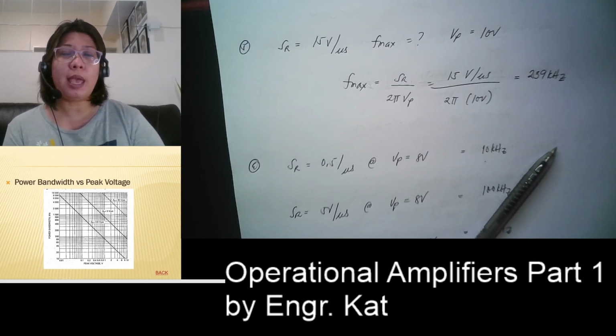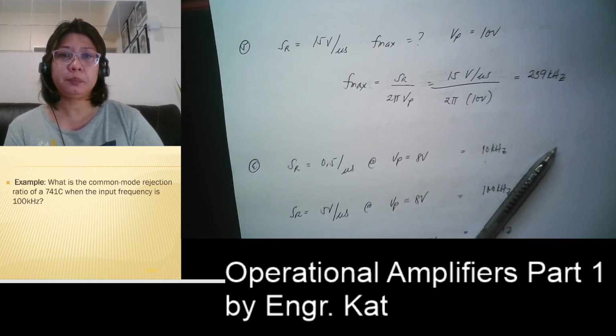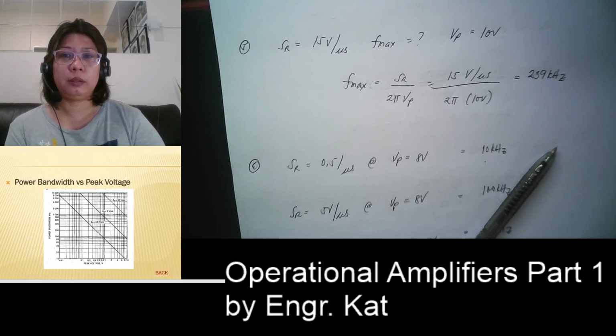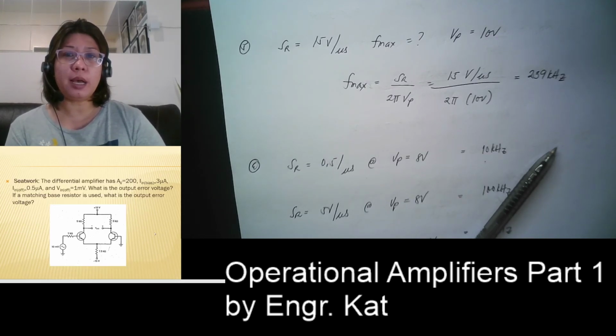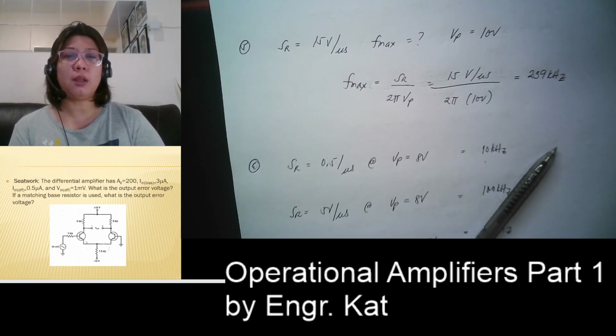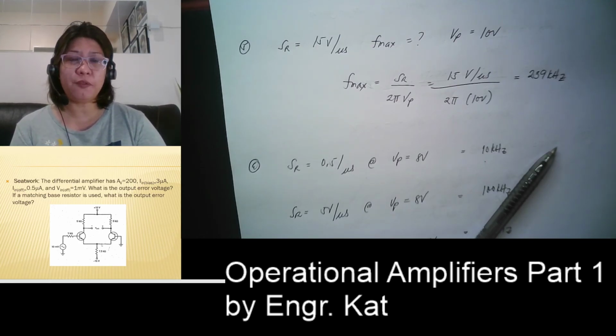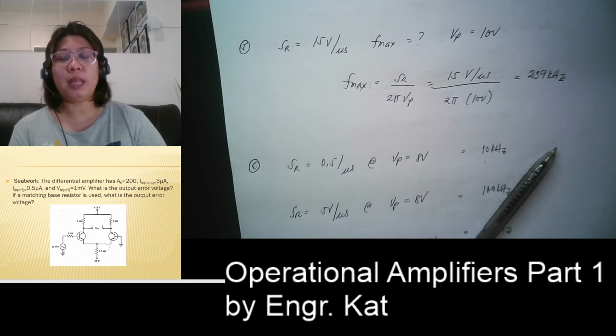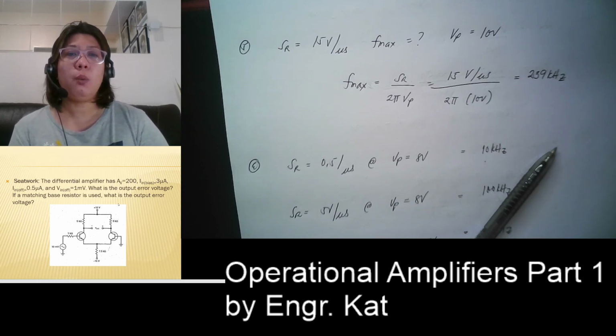I have here a set work for you. This is still a differential amplifier. However, we will now be using the effect of the input bias current, the input offset current, and the input offset voltage. If we have a 10 millivolts input here, what is our output error voltage?